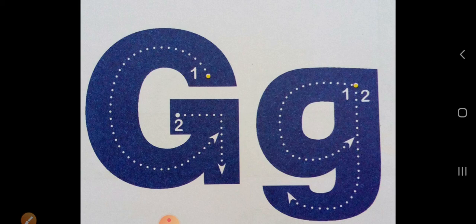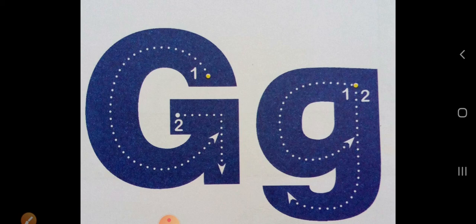Children, if you sing this song, you will easily come to know which letter this is, and you will easily learn the sound. Yes, like A, A, A. B, B, B. C, K, K, K. Okay, so like this you have to trace and sing the sound.